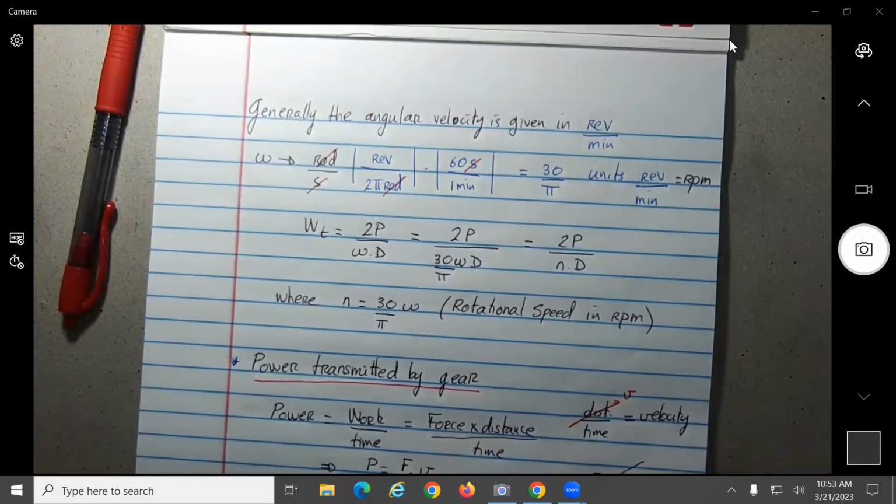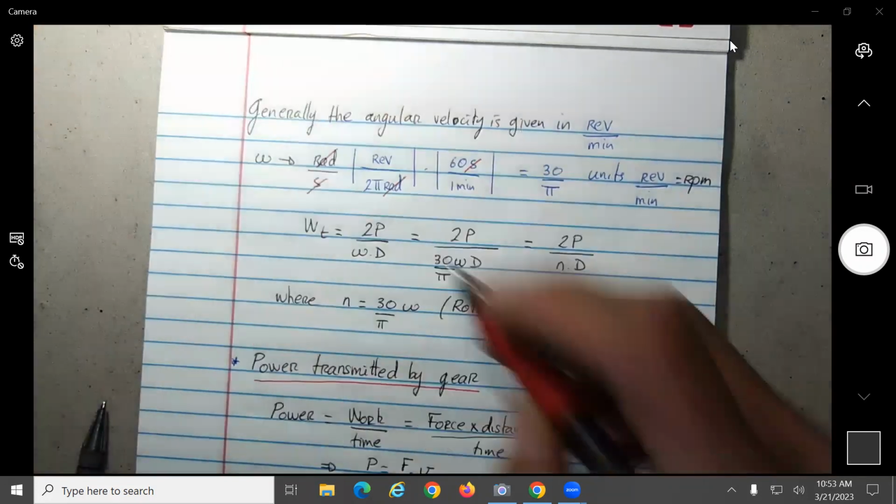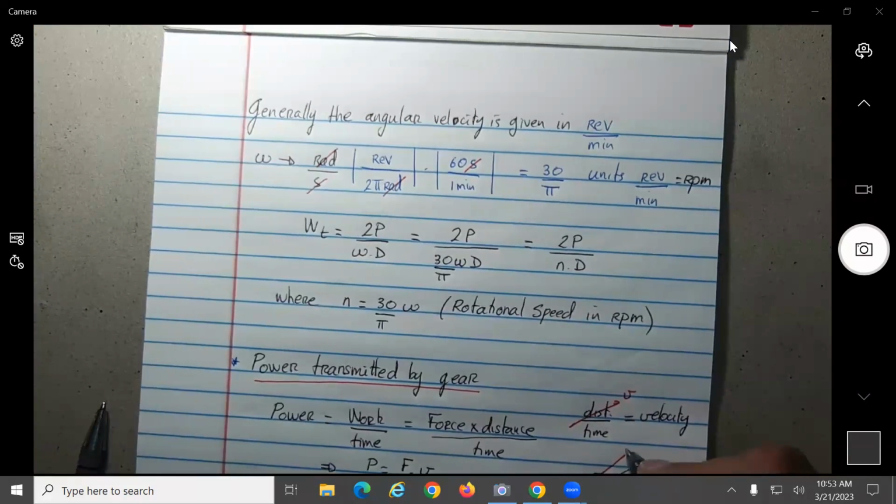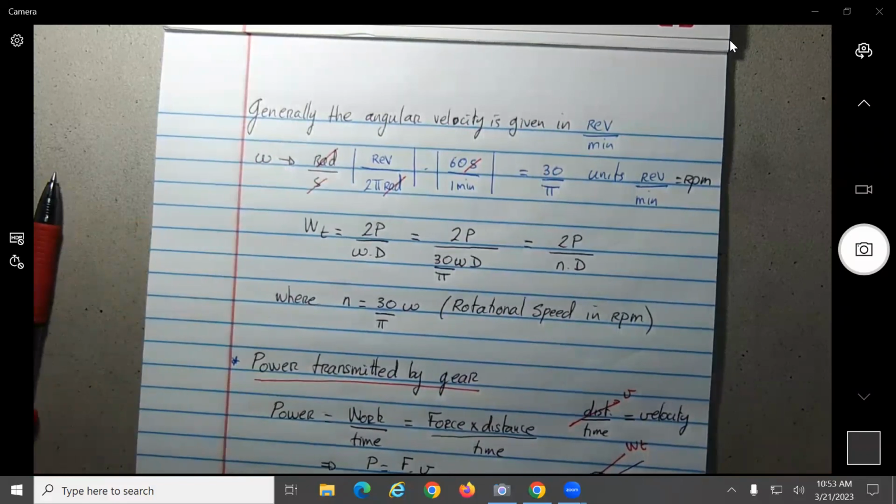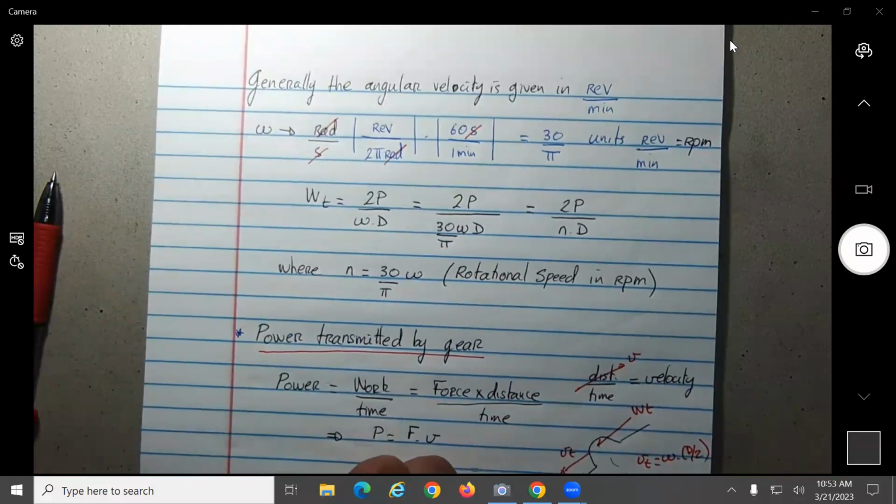All right, so the value of the force will be the WT that will be moving at a certain velocity, what? Vt, that if you remember from the analysis, should be equal to omega times R, that will be D over 2, no? Okay, we could just say that the power over here will be equal to WT times V sub T.